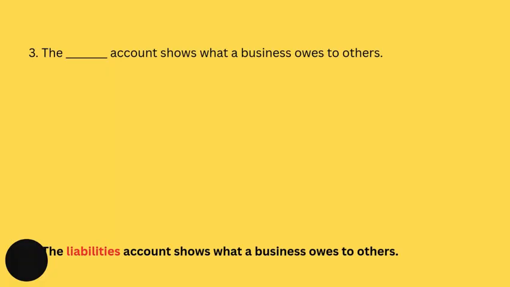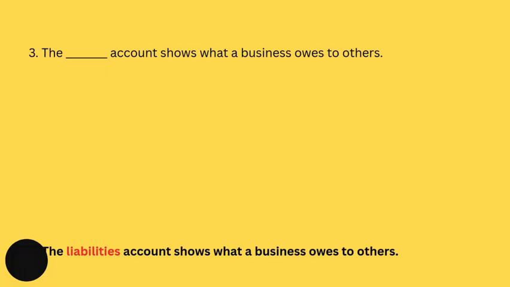The liabilities account is crucial because it shows what a business owes to others. So the blank space here is liabilities, as you see. This includes loans, accounts payable, and any other financial obligations.